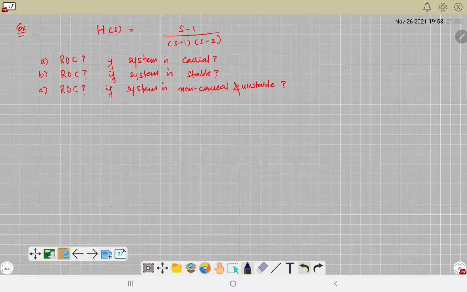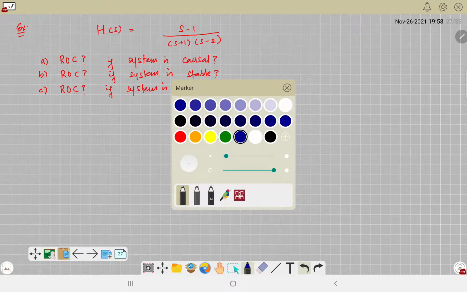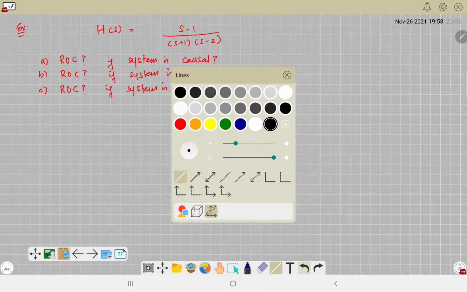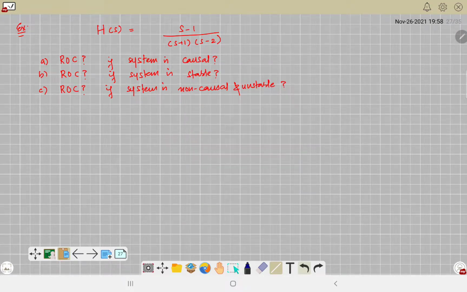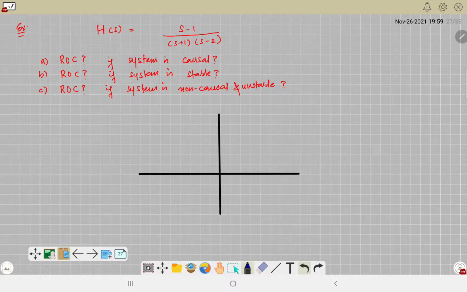So to solve this, we first plot the system function. So I have a plot here. This will be my real axis.